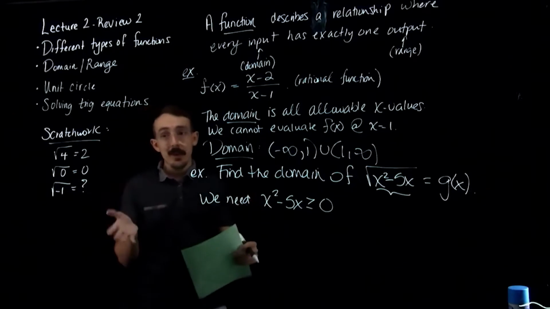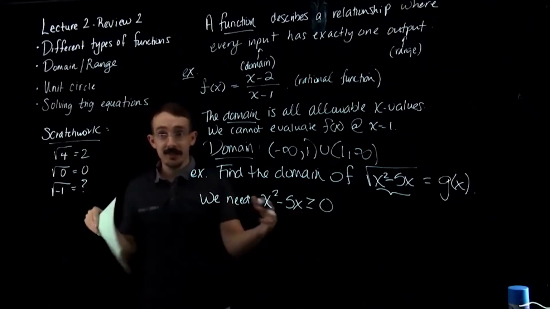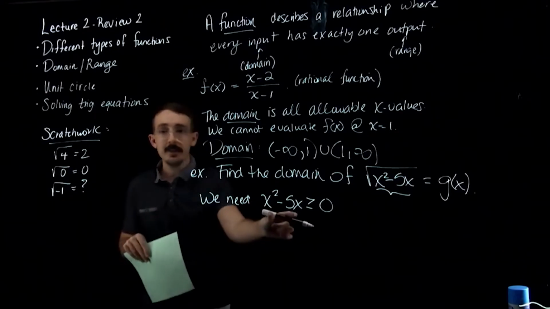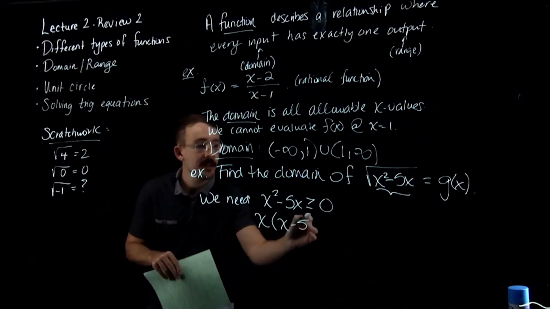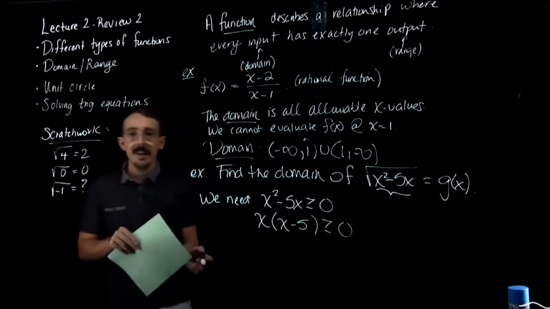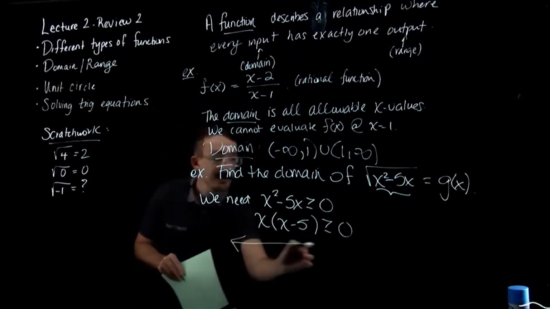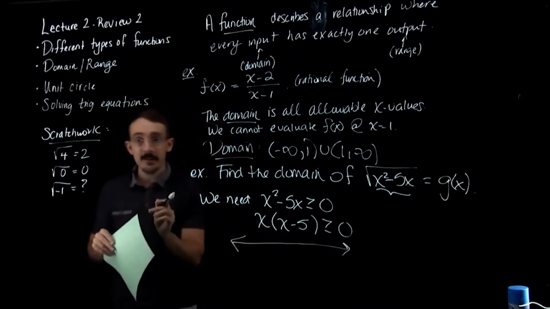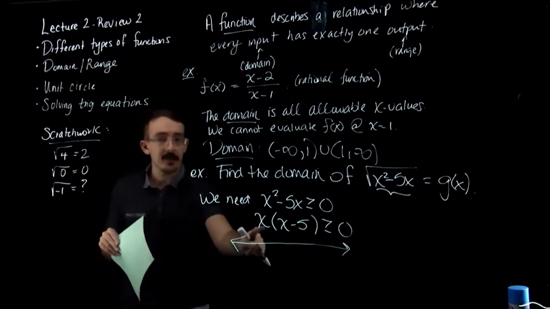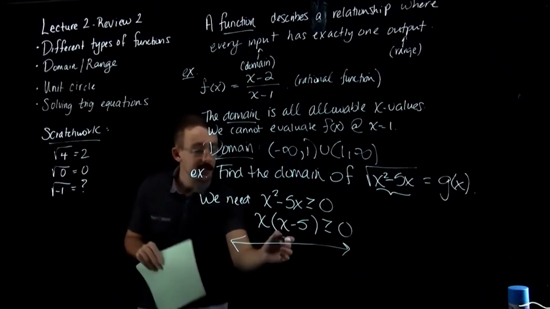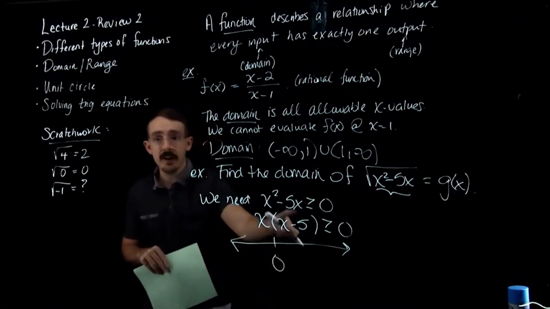And you have to figure out what are all the values that cause that to be true. Well, we did inequalities in the last lecture, so we know that we're going to find a set of values that make this true. I'm going to start by factoring, and I'm going to get x times (x minus 5). And if you recall, last time we worked on interval testing, so we found those x values where the sign would switch from positive to negative. So for here, that would be where x is equal to 0. And the only other one is right around 5.